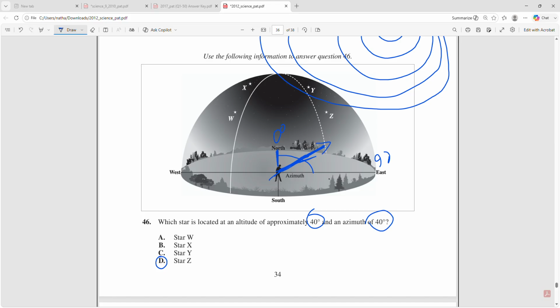So we're talking about somewhere on this half. Okay, we're looking in this direction. Now, just based on the altitude, we're either looking at this one or this star here. So 40 degrees, remember, this would be 90 degrees all the way up to the top for altitude, and this would be 0 degrees as far as altitude goes.